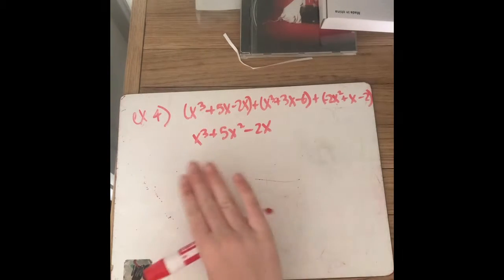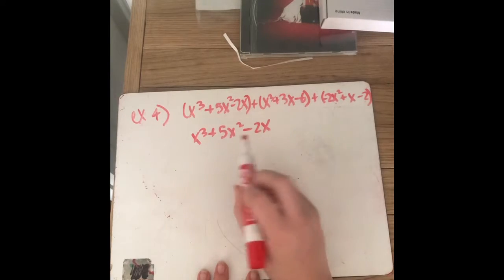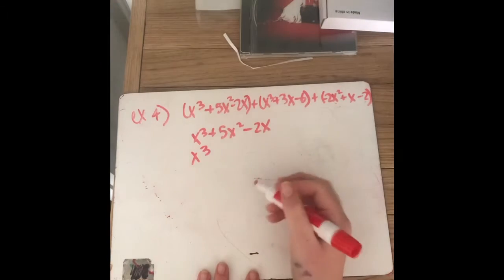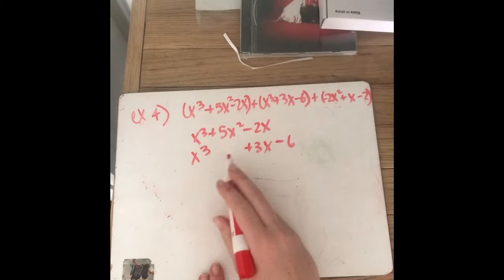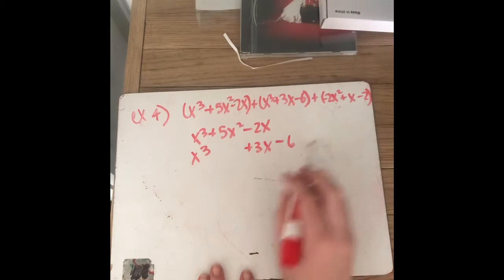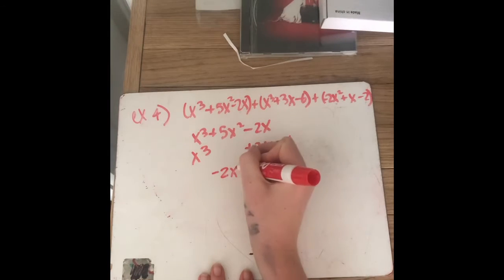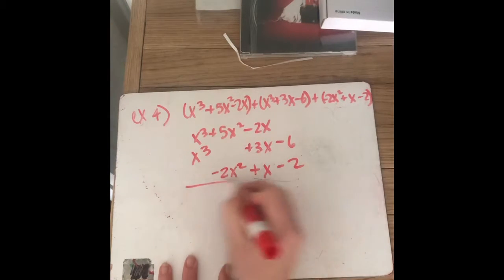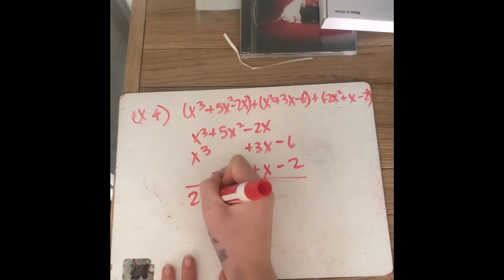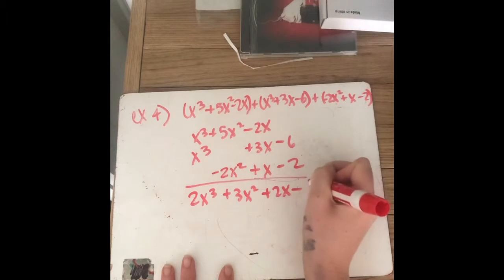So that's all in order. And then for the second one, it doesn't have a squared, so you're going to go x to the third, then leave this blank, plus 3x minus 6. So I just left this place blank. For the third one, you start with an x squared, so you would start right here, 2x squared plus x minus 2. So then you do the remaining, so you get 2x to the third plus 3x squared plus 2x minus 8.